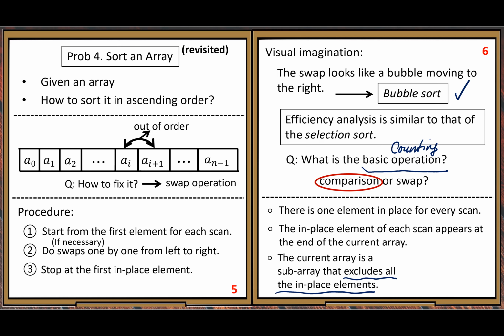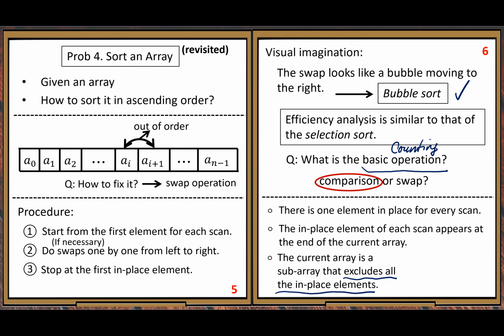Why? Because you apply the comparison on all local pairs, adjacent pairs. Every time you take an adjacent pair, you apply a comparison operation.